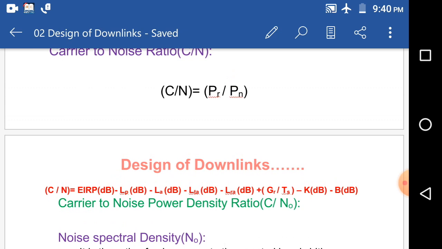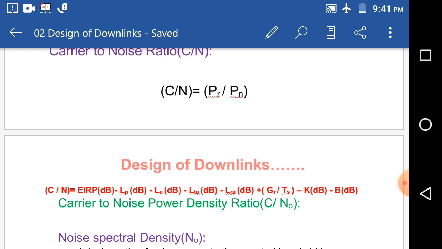This is the final formula for calculating the C by N ratio, or we can use the same formula to calculate the G by T ratio.